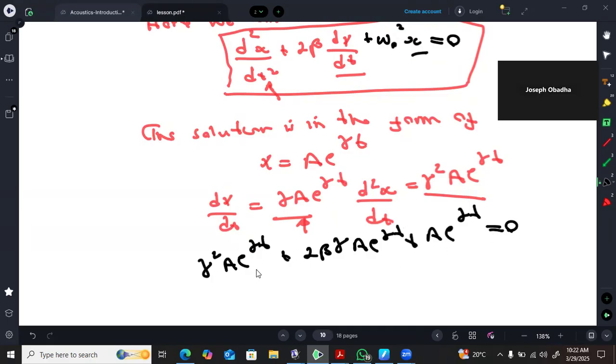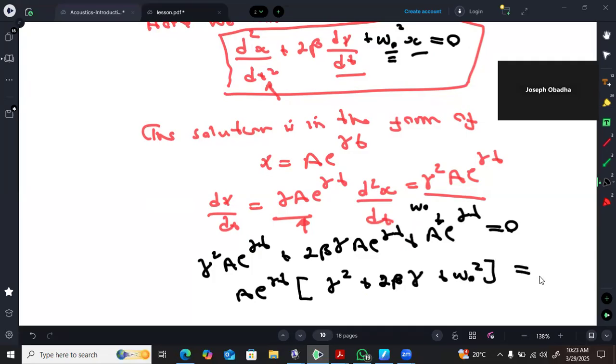Then I can factorize the A e to the gamma t into gamma squared plus 2 beta gamma plus, something that remained here, omega naught. Do not put it in our substitution here. So that here would be omega naught squared. Then we put all this to 0.